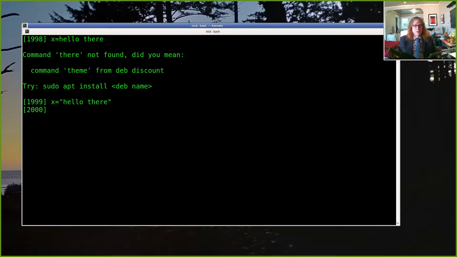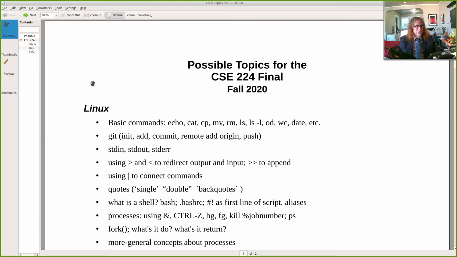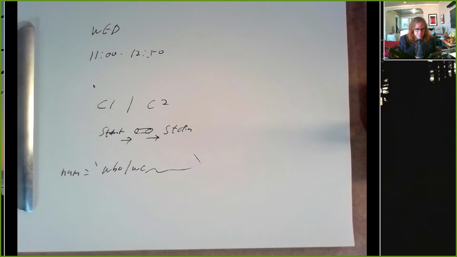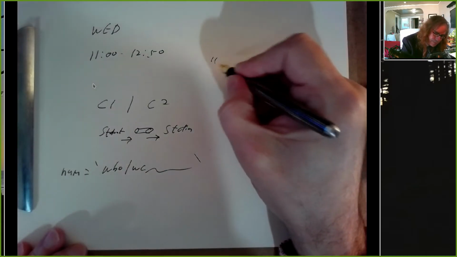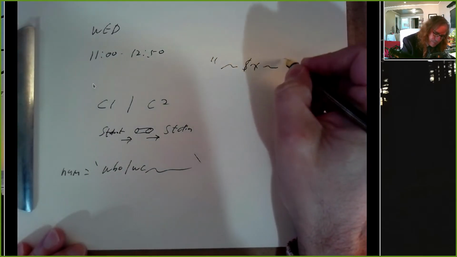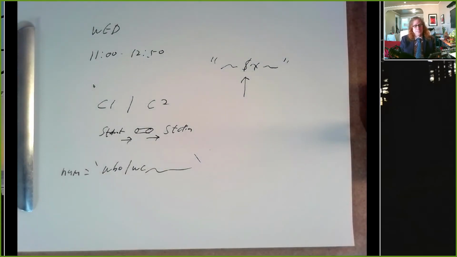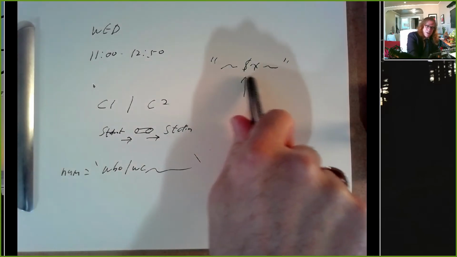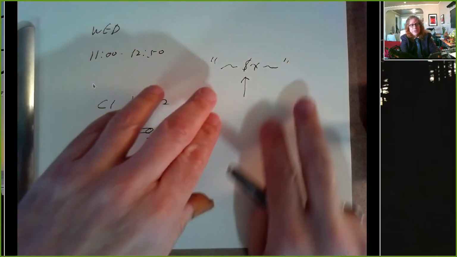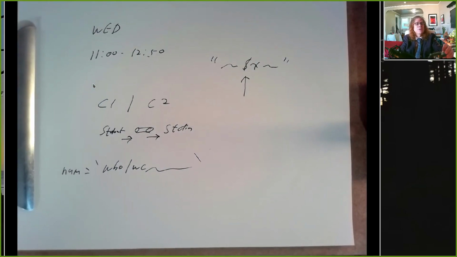Double quotes are useful, but they still will do things like $ replacements. So if I have a $x, that means show me the value of the variable x. This will get replaced with the value of x, even though the whole thing is inside double quotes.